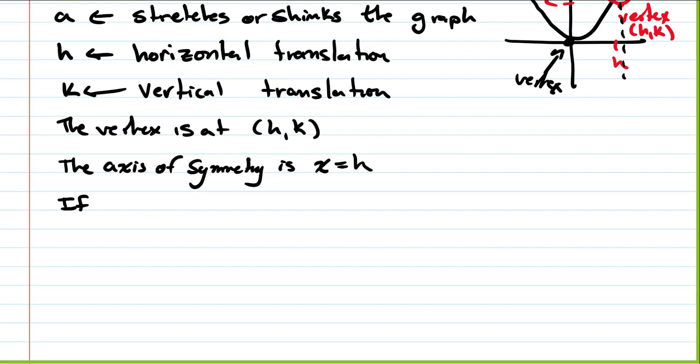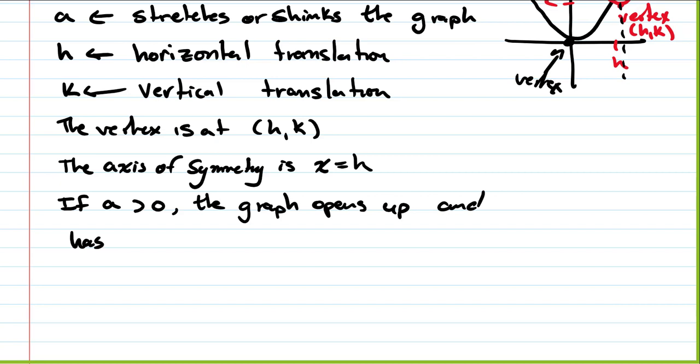If a is greater than 0, the graph opens up and has a minimum at the vertex.